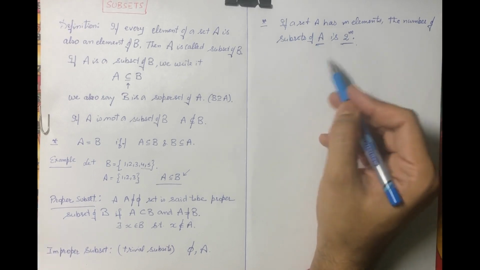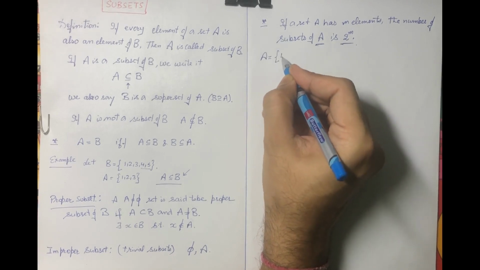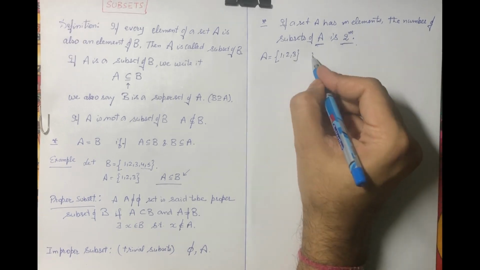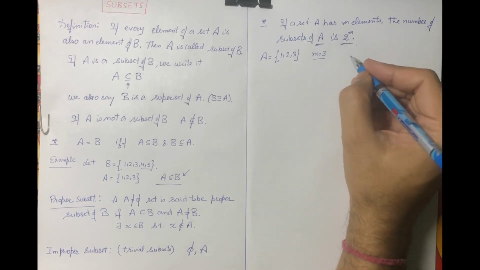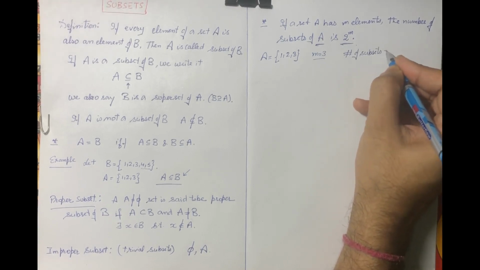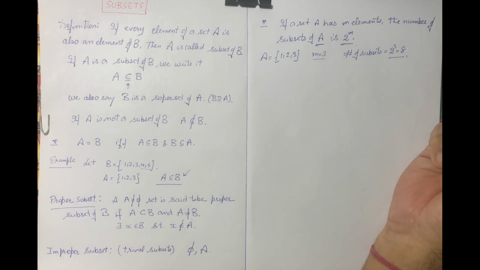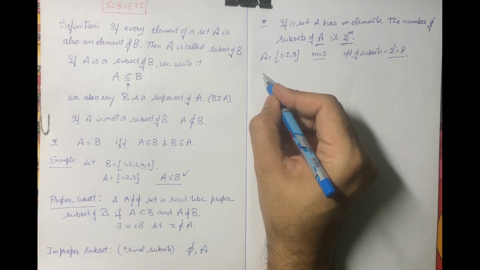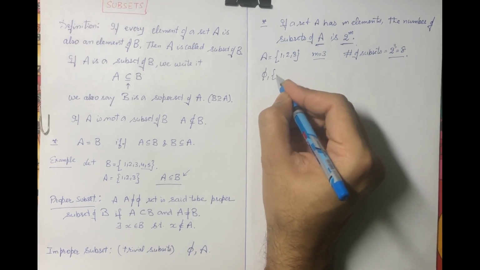We will discuss this with a small example. Let A be 1, 2, 3. What is the value of m here? m is equal to 3. As per this result, the number of subsets is 2 power 3, that is 8. Can we write those 8 subsets? Yes, we can easily write. They are the 2 trivial subsets, that is phi and the whole set 1, 2, 3.